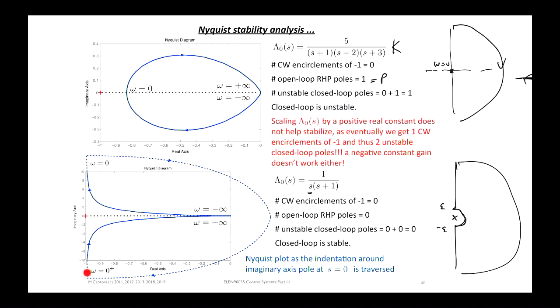This is the Nyquist plot that you get by evaluating lambda along this contour. It's a strictly proper transfer function. As we're going around this part, we're going to be stuck at 0. Think about the phase of this at low frequency. What's the phase going to be at low frequency? When we're here, it's going to be -π/2, because of the pole at s equals 0.